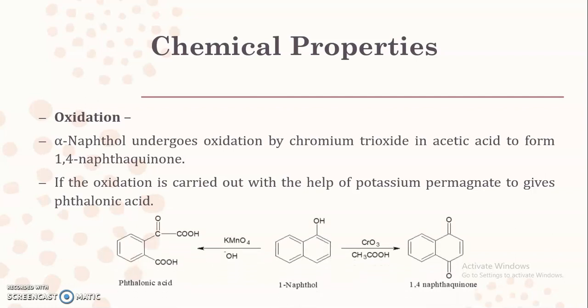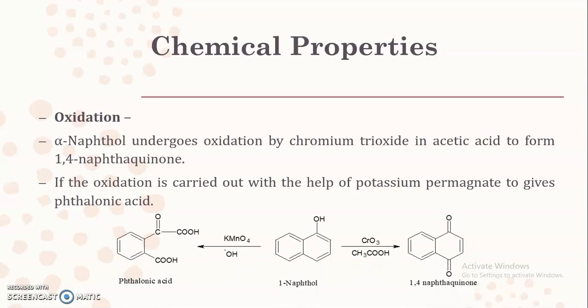Now, we will see these reactions one by one. Here you can see 1-naphthol first treated with chromium trioxide in acetic acid. Here there will be formation of 1,4-naphthoquinone. Now, quinone means what? There is a presence of two cyclic ketones.